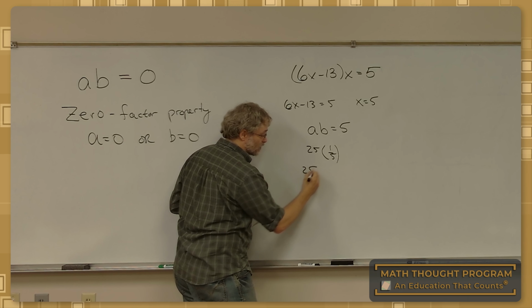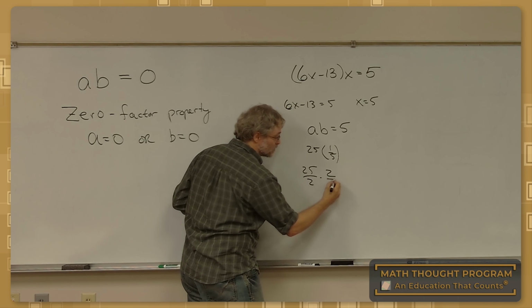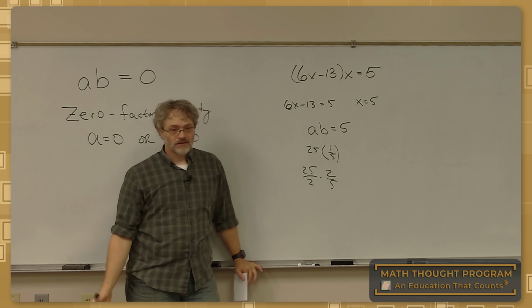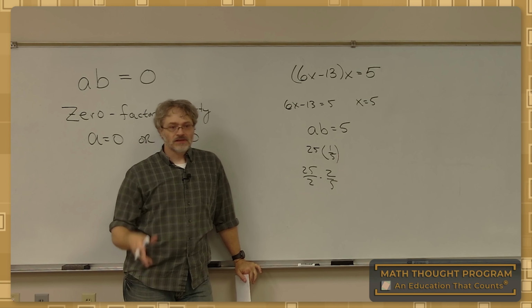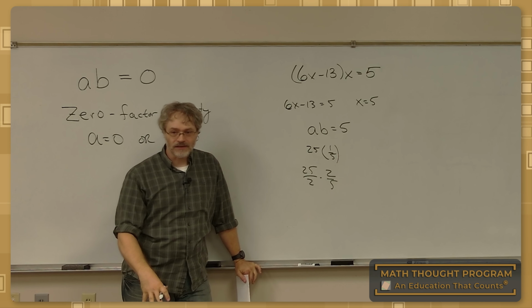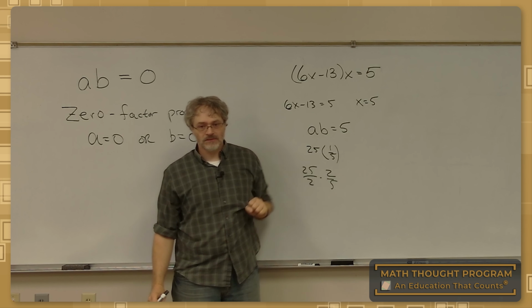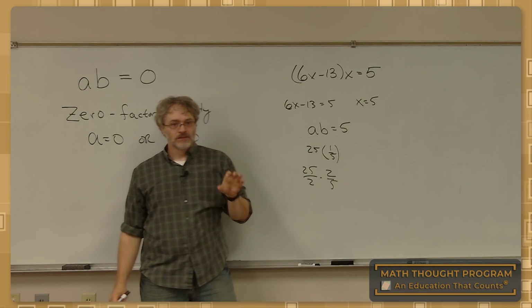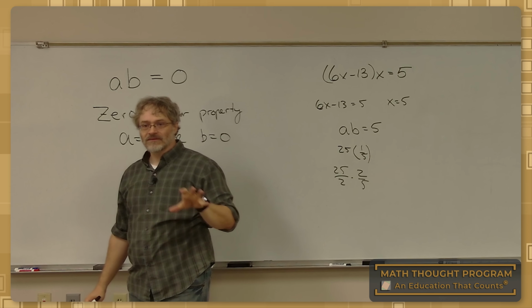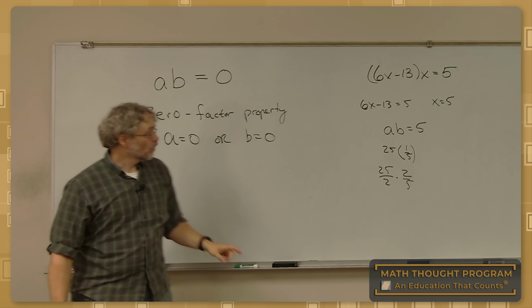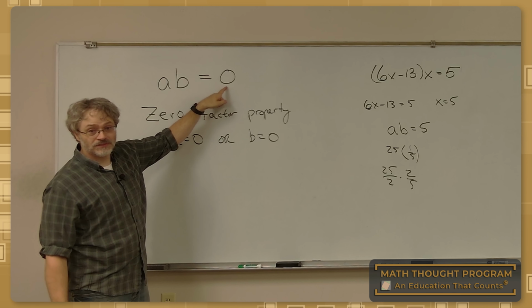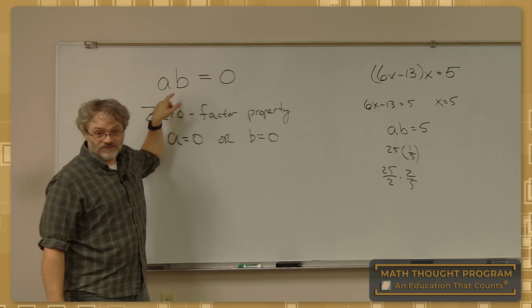I can say 25 over 2 times 2/5. Endless possibilities. You can't lock this down unless there is a 0 on the other side. So to use the zero factor property, what you're going to need is zeros and factors.